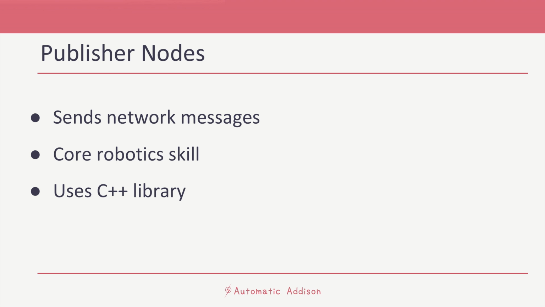Also, C++ gives us better control over how the robot's brain, the node, uses its resources like memory and processing power. And while Python is easier to work with, especially for beginners, C++ provides the speed and precision needed for complex tasks, making it the preferred choice for developing ROS2 nodes in scenarios where performance is important.